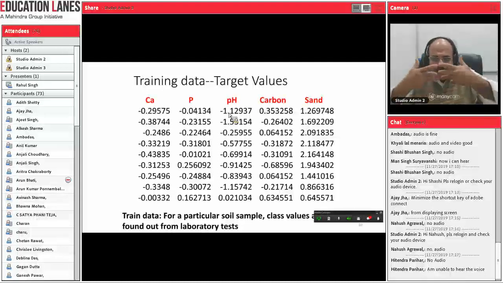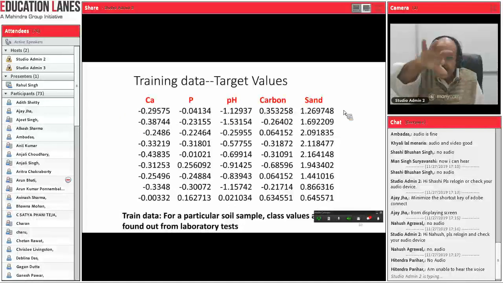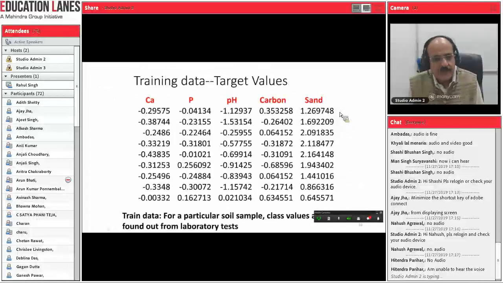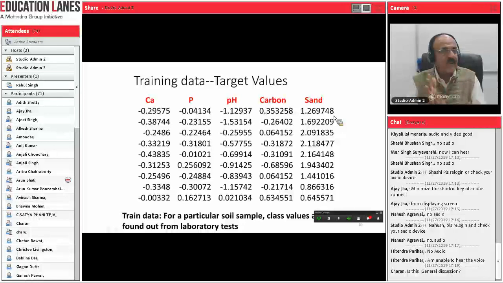Once my model is ready, then from anywhere in Africa, I take the data for that particular soil, feed it into the model, and determine the levels of these constituents. That is how soil was analyzed in the continent of Africa.